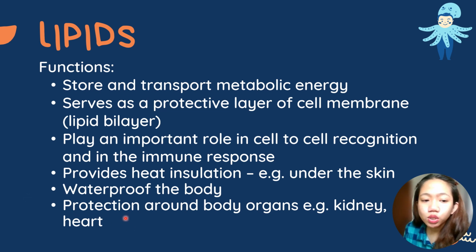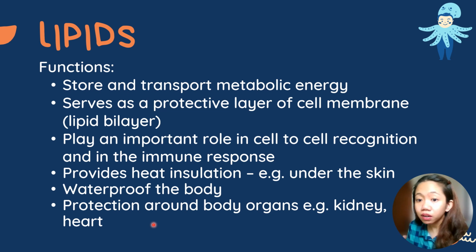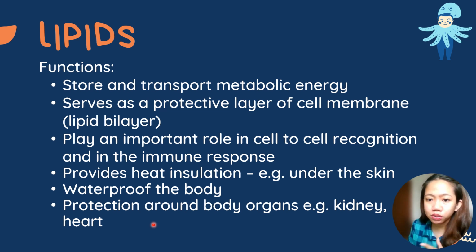Next, they also serve as protection around our body organs. So our bodies actually have a healthy amount of lipids around our organs just so that it can protect the organs from possible damage. For example, if we fall, we don't automatically have internal hemorrhage because there is a cushion made up of lipids.